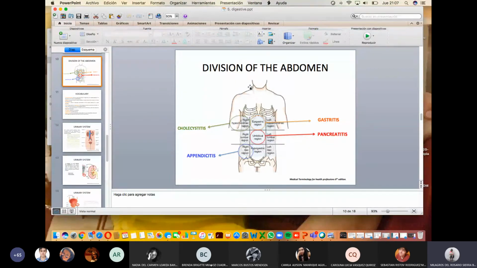Este cuadrito es importante para que cuando ya estén en el internado se acuerden dónde es la localización de los dolores. Entonces, en la pancreatitis, el dolor comienza en la región periumbilical o en el epigastrio y tiene una irradiación en cinturón. A band-like, de B-A-N-D, lo voy a escribir acá.